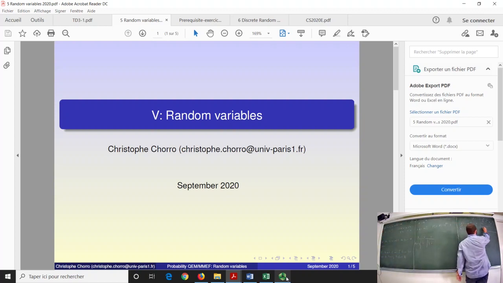So this sum may be written exactly in the same way, 0 to plus infinity, q to the power of k, p. It's the same thing, changing the index, exactly as I have done in exercise 25. So it means that I want to compute this one, and it makes the link between what I have here.